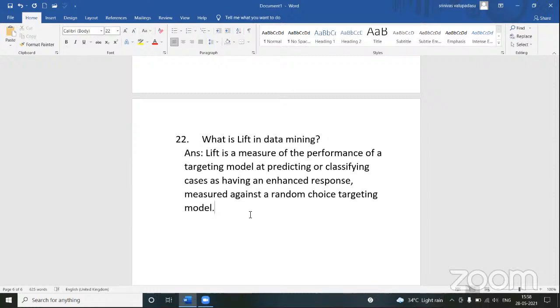In simple words, lift is simply the ratio of target response to the average response.